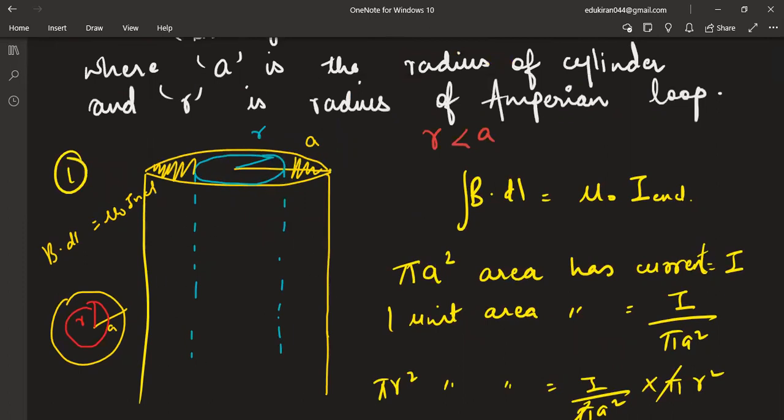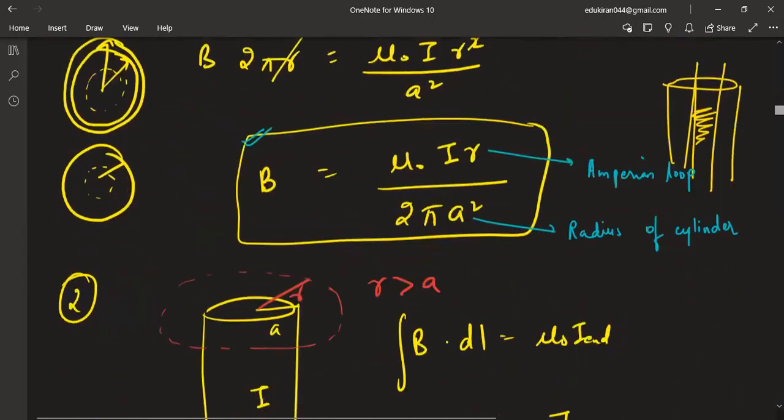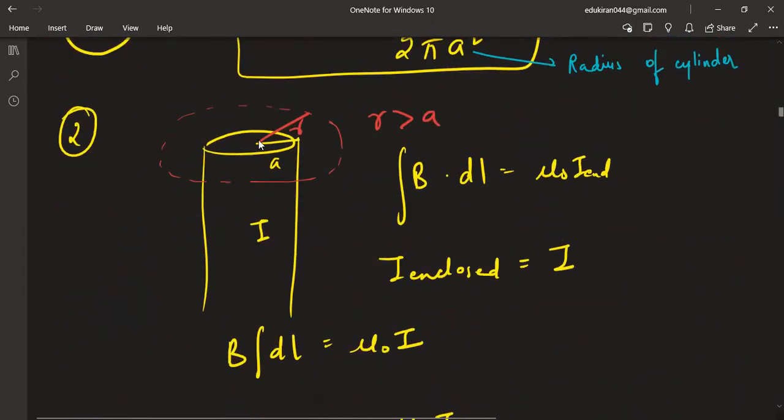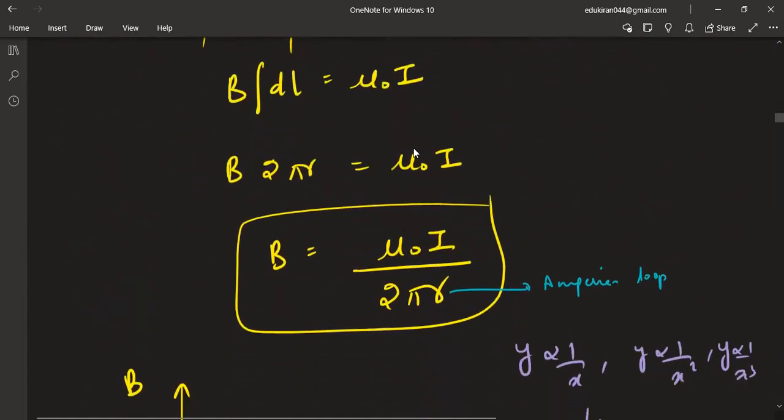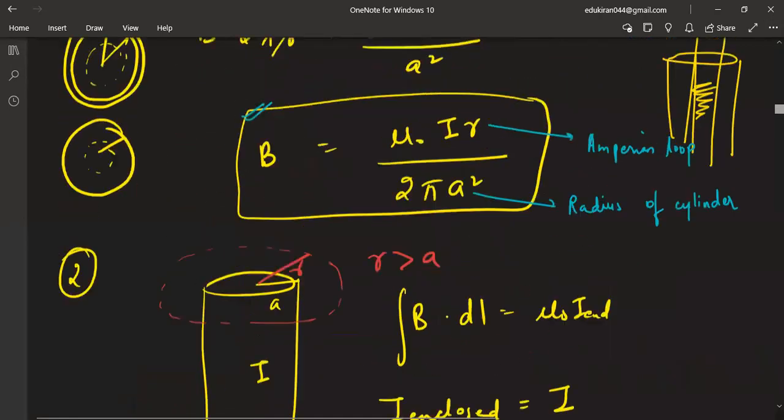Some portion of current which was there was left. But now here we have taken a much greater radius than the wire. So it will be direct mu naught I. So B will be, length will be 2 pi r. Length of it, circumference will be 2 pi r. So mu naught I by 2 pi r. This is how you obtain both the formulas.